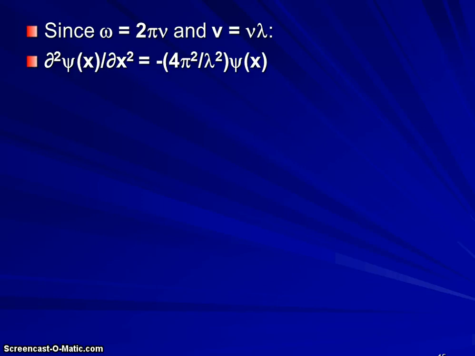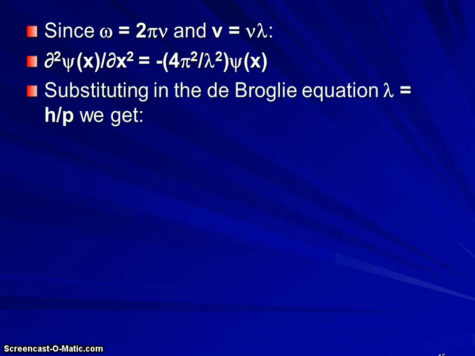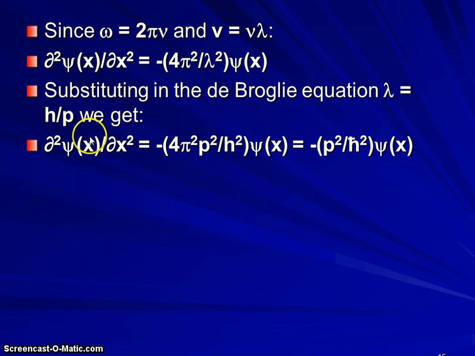Now what we can do is take these lambda terms, these wavelength terms, out by substituting in the de Broglie wavelength. So we'll put h over p in for lambda, and we get the second derivative with respect to x is negative 4 pi squared times p squared, where p is momentum, over h squared.